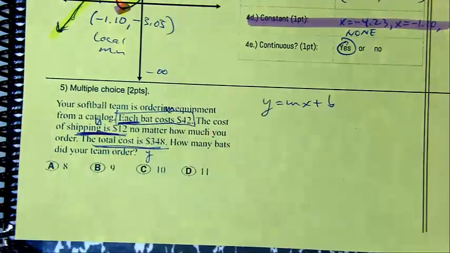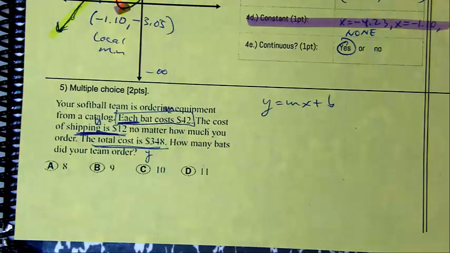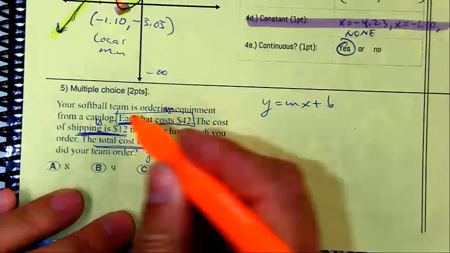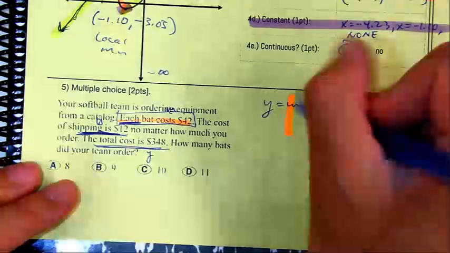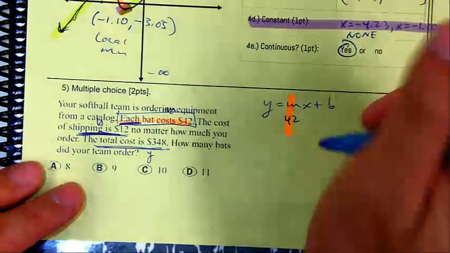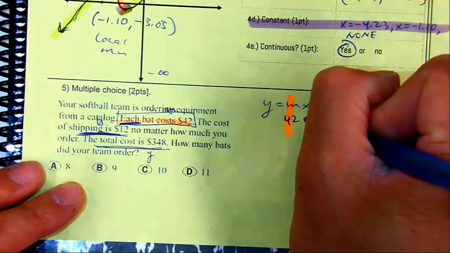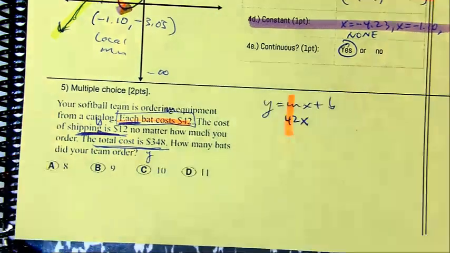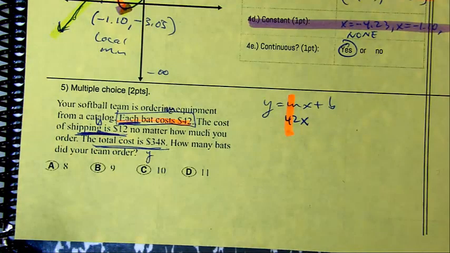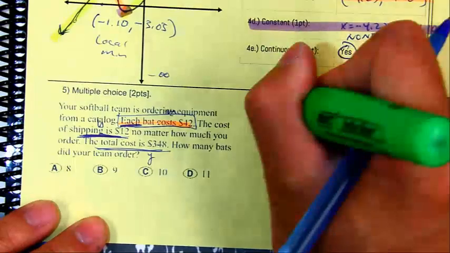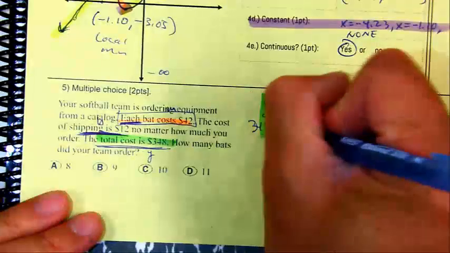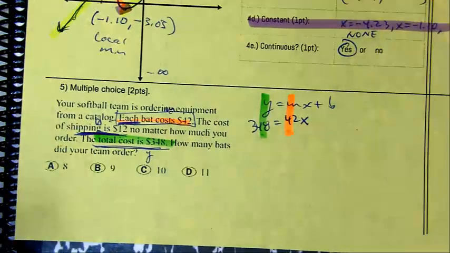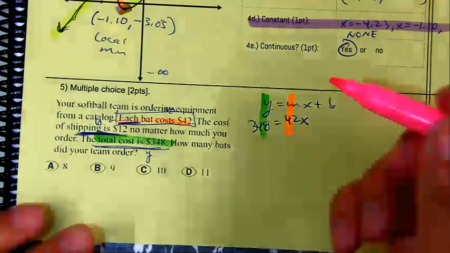How many bats does the team have to order? Let's color code that. So we said this was 42. The keyword is each, per bat, so it doesn't matter. Charge you 42. X is the number of bats we're going to order. My Y value is the total cost. It's going to be 348. And then my starting point for the problem is my shipping.